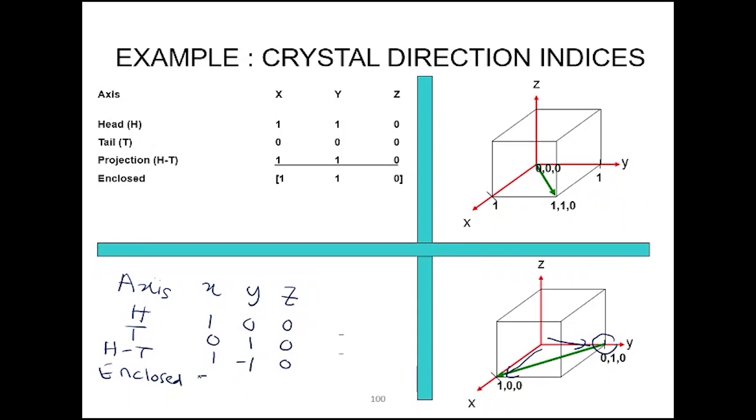So for the enclosure, we write down 1. For the negative value, we must write down 1 bar, and 0. Please remember, for the negative value, we must write a bar, an overbar on top of the number.